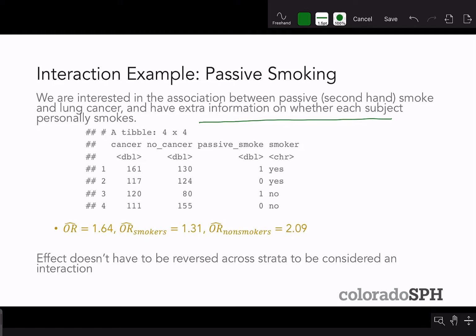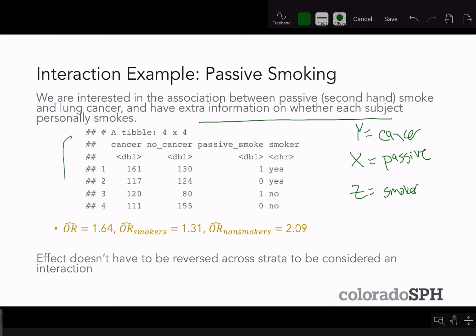So the outcome of interest is cancer. The covariate of interest is passive smoking, whether you're exposed to somebody else smoking, and then this third covariate that might modify the association is smoker, and that's whether or not the individual in question personally smokes.